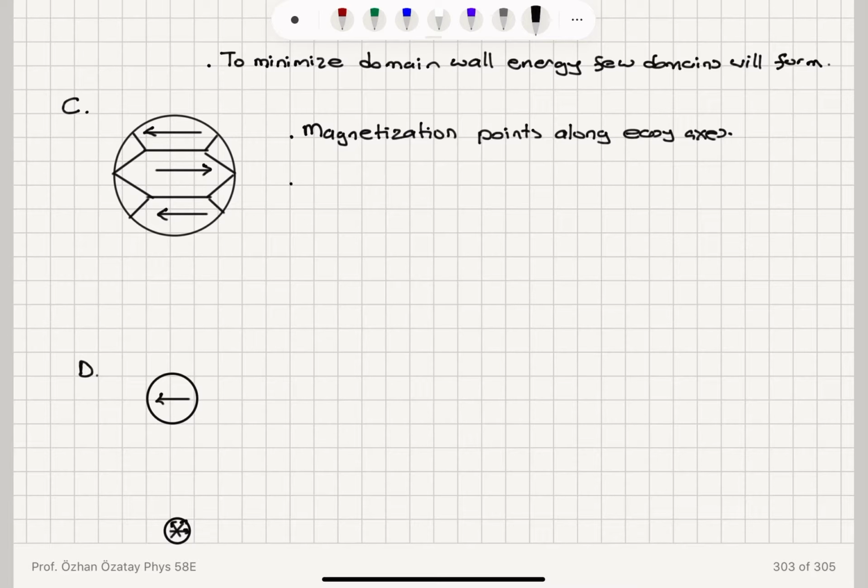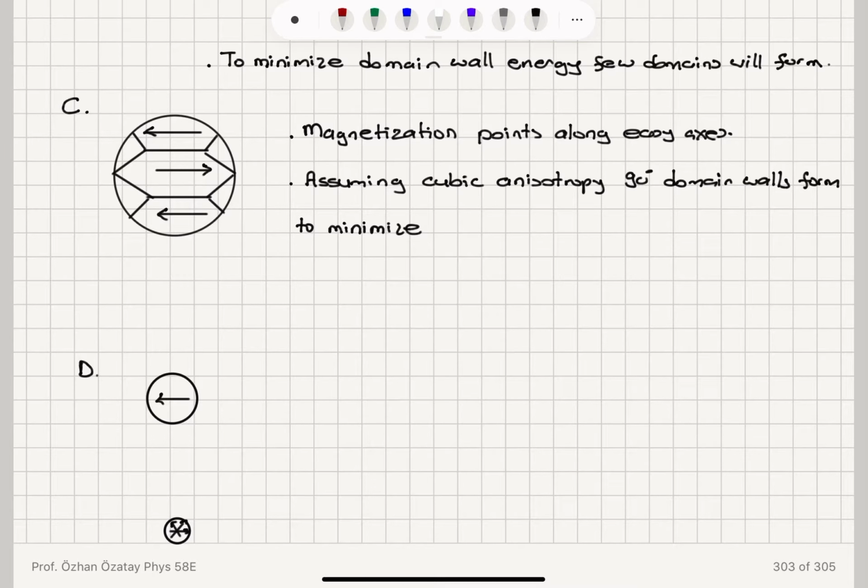And let's say that we have cubic anisotropy, and 90-degree domain walls form to minimize magnetostatic energy.